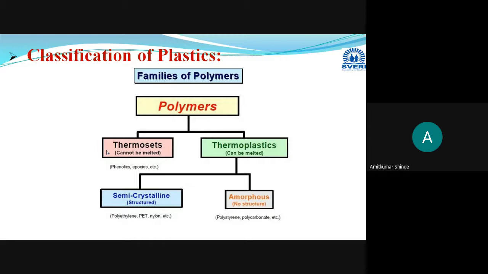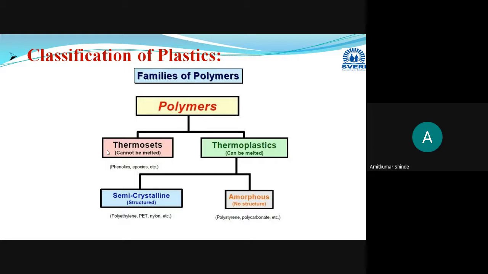Thermoplastics are polyethylene, polypropylene, polystyrene, nylon. From the thermoplastics, those having a definite structure will be termed semi-crystalline, and those not having any definite structure will be termed amorphous thermoplastics, or amorphous materials in short.